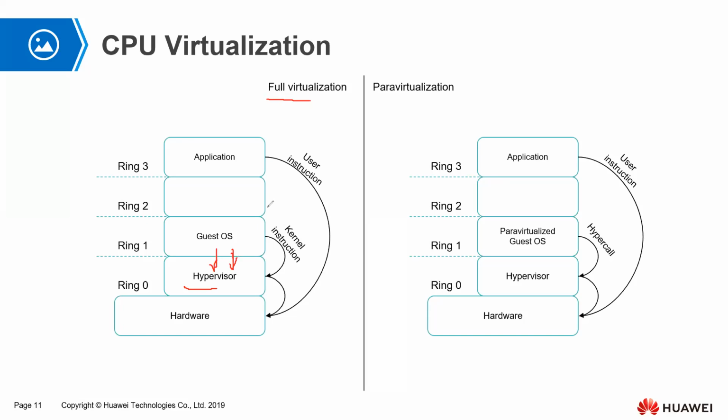So with full virtualization, the virtual machine operating systems do not need to be modified, because all the instructions are sent to the hypervisor. They are trapped and emulated, the hardware performs the instructions, and the result is sent back to the hypervisor and translated back to our guest operating system. This guest continues believing it is an operating system running on top of hardware, not knowing it is in a virtualized environment.